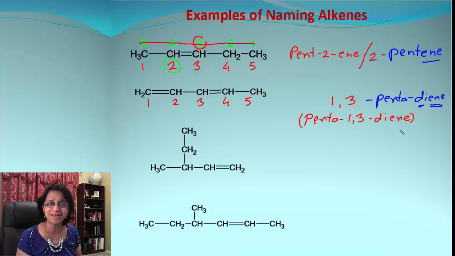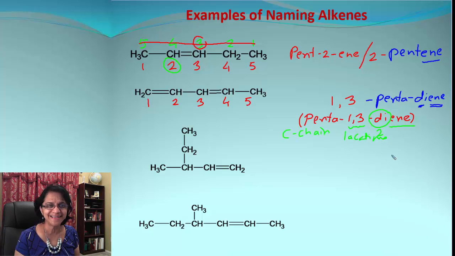And one can also write that as penta-1,3-diene. Each word in this name has a specific meaning. Ene, you already know, stands for alkene. That means there is a double bond there. Di indicates we have 2 double bonds. Then we got 1 and 3 here. Those are the locations for the double bonds.